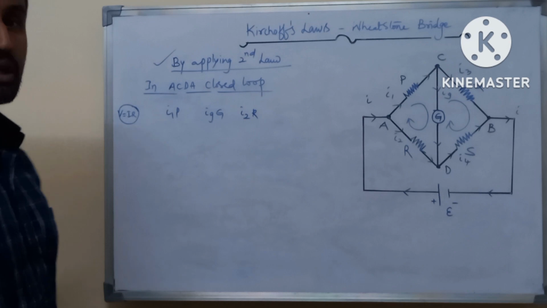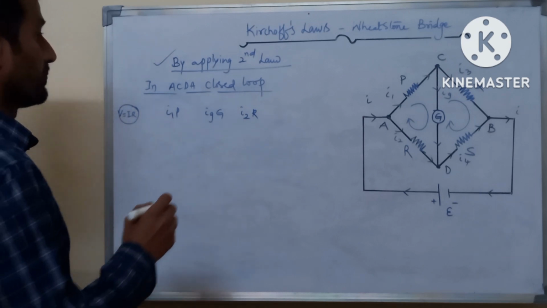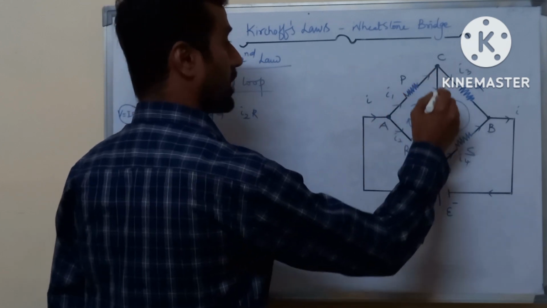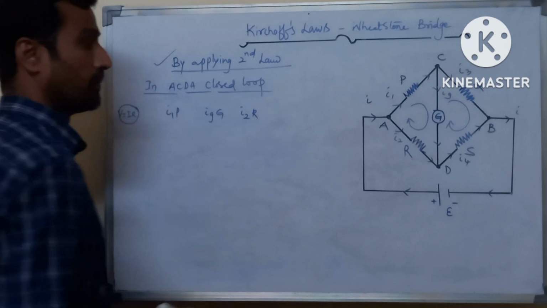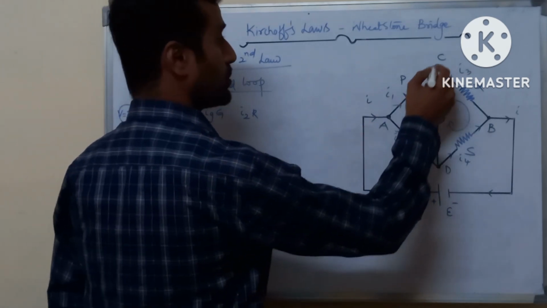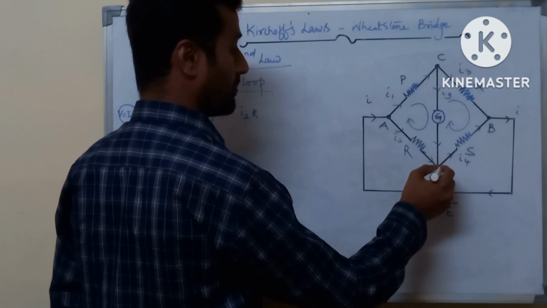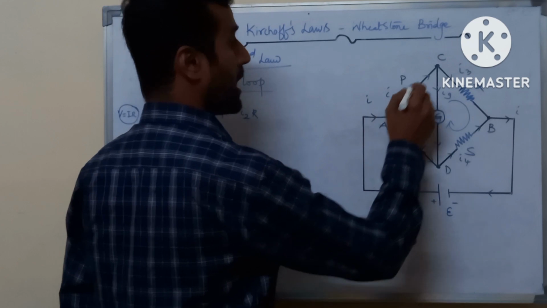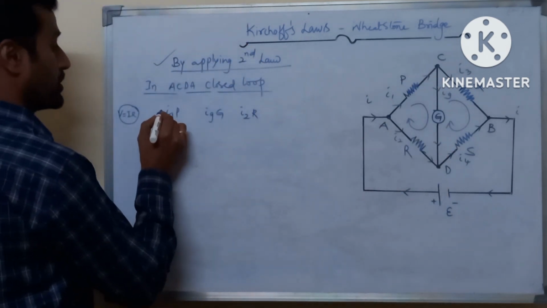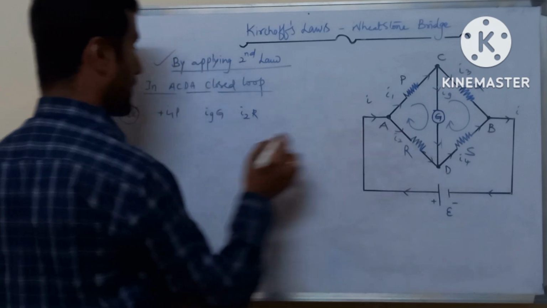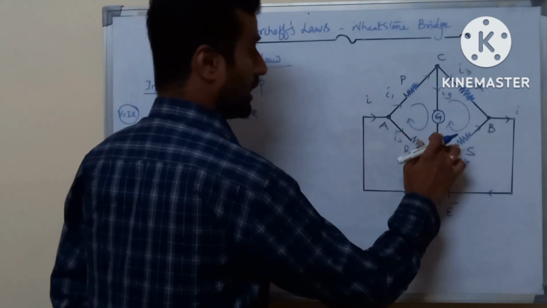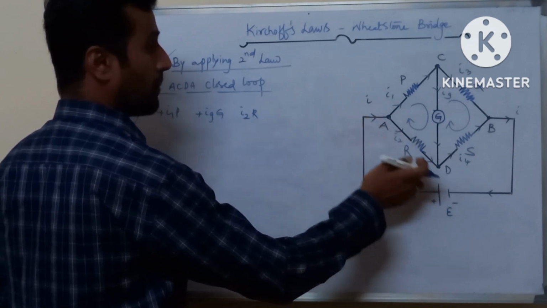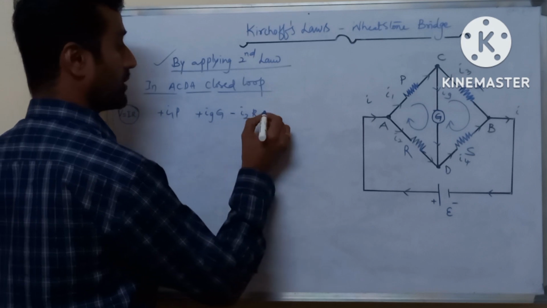Here we have to consider the signs. We are calculating the potential drop across the closed loop. We are moving from A to C and C to D and again from D to A. The currents which follow the path are taken as positive, and the currents which are opposite to the path are taken as negative.